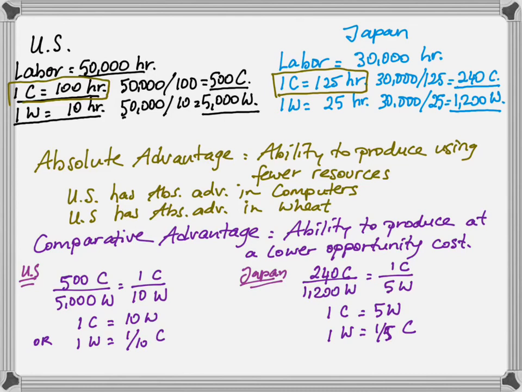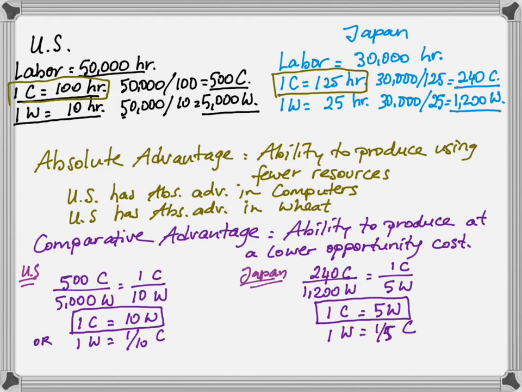So, who should specialize in which product? Of course, the comparative advantage concept tells us that we need to choose the product that has the lower opportunity cost to produce. If you look at the opportunity cost in both countries, in the United States, one computer costs 10 wheat, and one computer costs 5 wheat in Japan. Which one is cheaper?